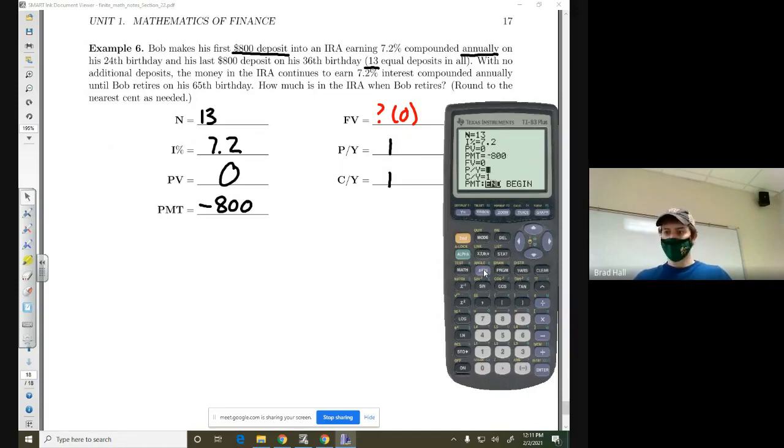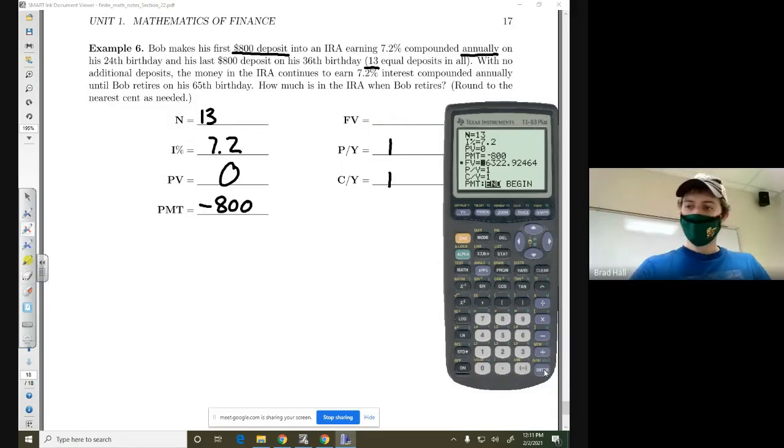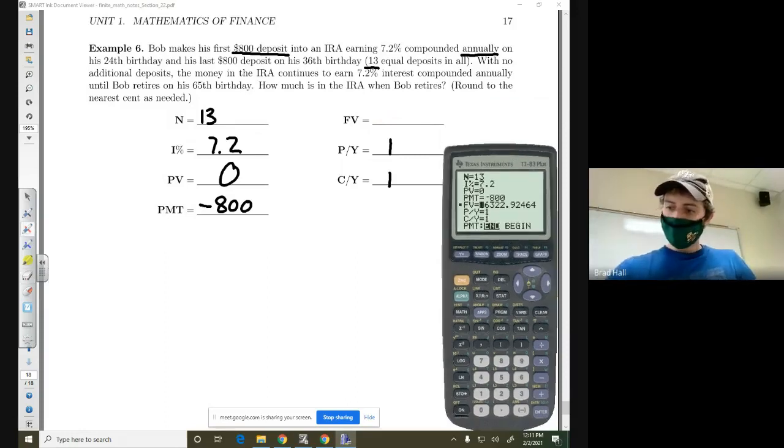Make sure that you change P over Y and C over Y to both be 1, because we're annual. And so we can figure out the future value to be $16,322.92.